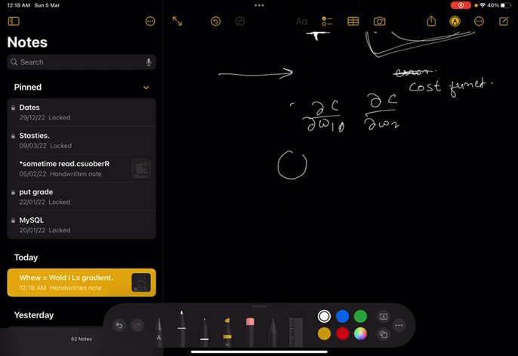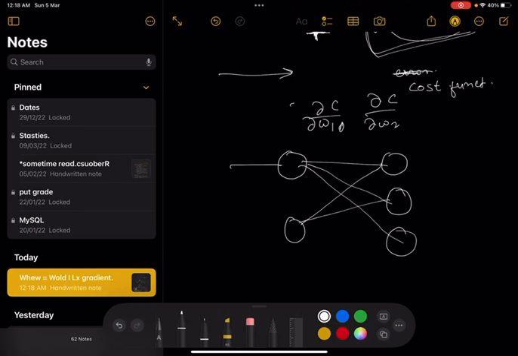So let's say this is our small neural network, and this is our output layer.